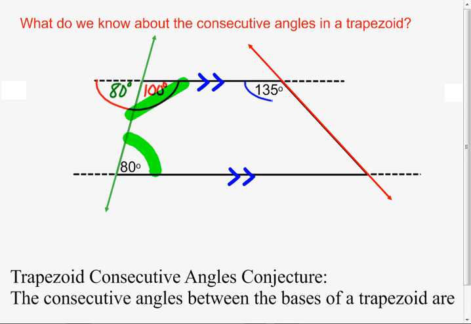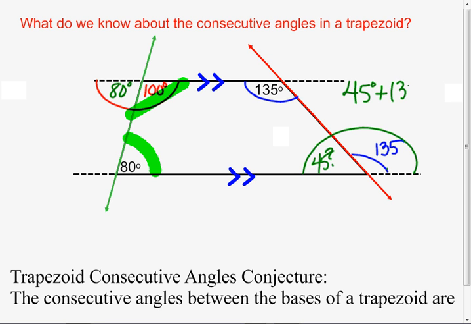If this angle is 135, then this angle is 135. And because these angles form a linear pair, these angles, 135 plus my unknown angle, have to add up to 180. So that's 45. It's 45 plus 135. Is that 180? Yes, it is.